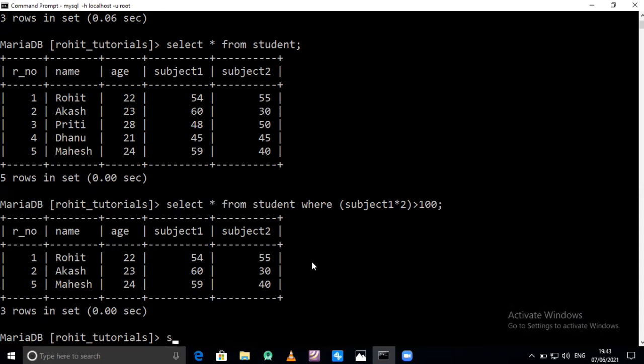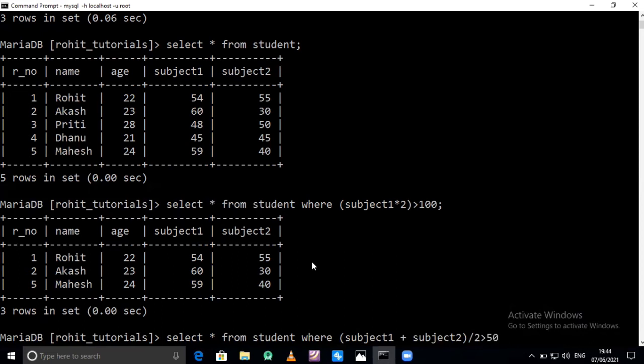For that, I use the command select star from student where in bracket subject 1 plus subject 2 divided by 2, which is greater than 50.